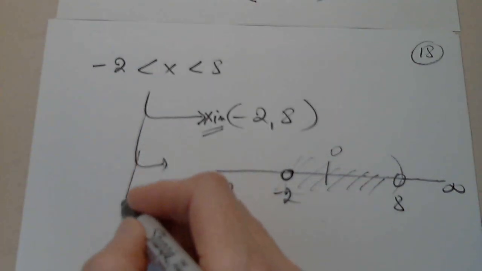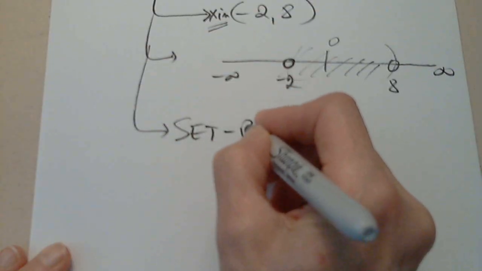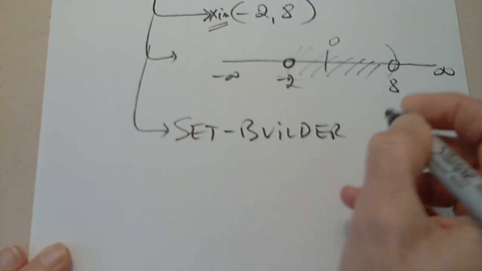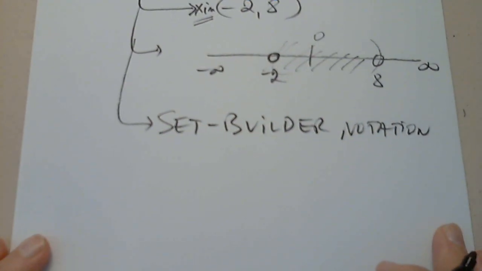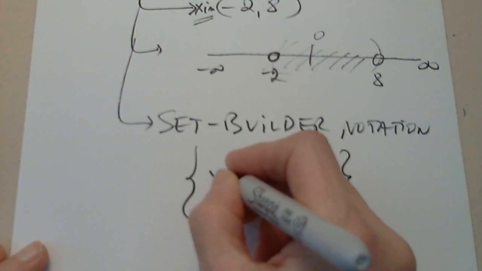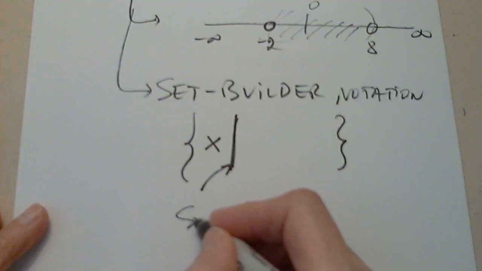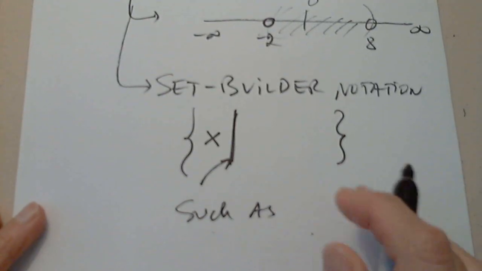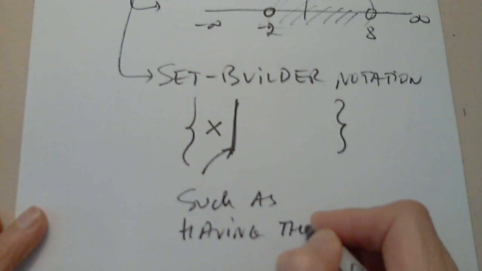And there is a third possibility, which is called set builder notation. How does it look? Braces, x, a vertical bar. This stands for such that, or having the property, whichever you prefer.